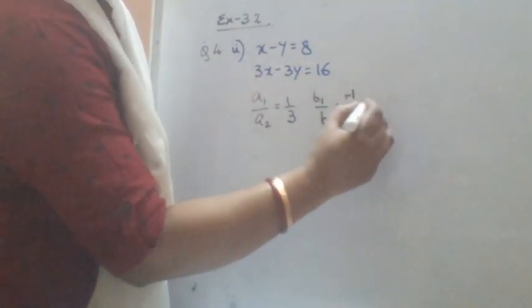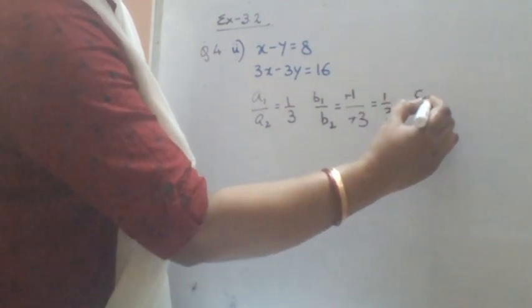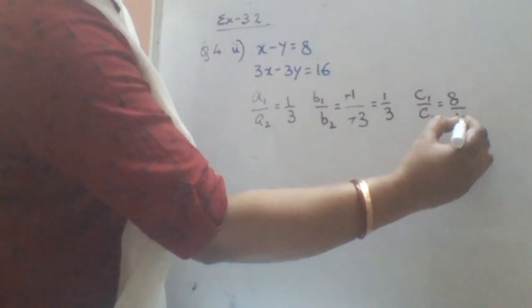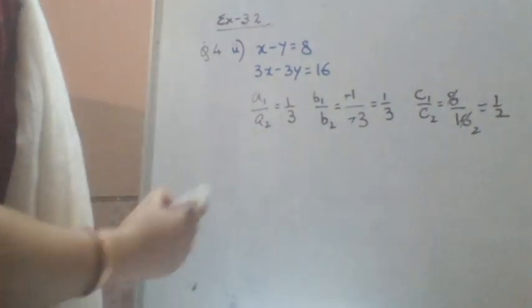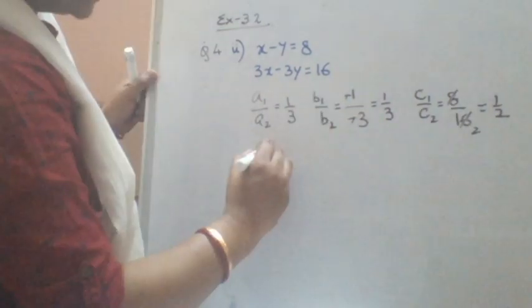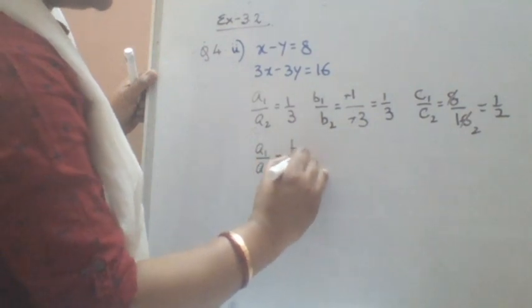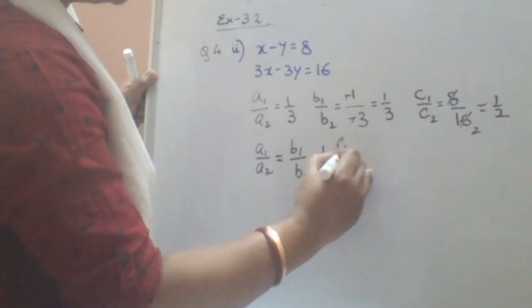So minus minus gets cancelled, this is equal to 1 upon 3. Then you have c1 upon c2, which is 8 upon 16, gets cancelled, this is 1 upon 2. So what do you conclude? You see that a1 upon a2 is equal to b1 upon b2, and this is not equal to c1 upon c2.